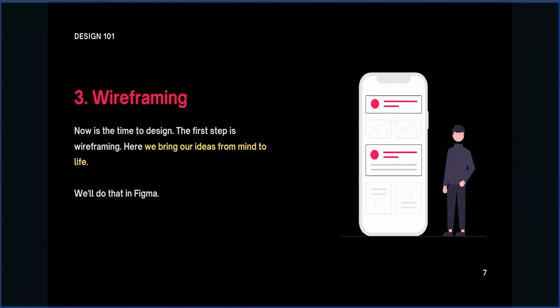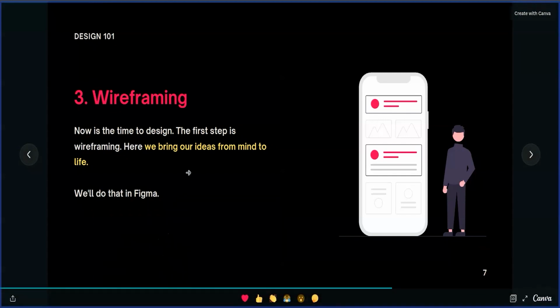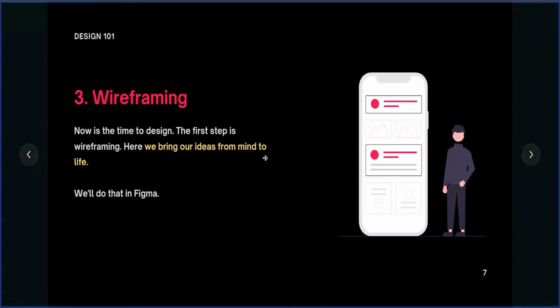Everything will be done through this process. And so yeah, we bring our idea from mind to life. Life means you're actually making a small version of a product, okay? And you know exactly how it is going to look, right? So that's what it does.